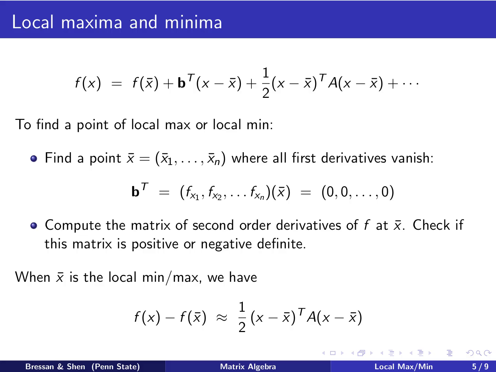If x bar is a local maximum or local minimum, then we know that this b is 0, so this term is 0. If we approximate everything only with the first three terms, we can move this to the left-hand side. We'll have f of x minus f of x bar is very well approximated by this term, plus other higher order terms which are much smaller. So we have this approximation.